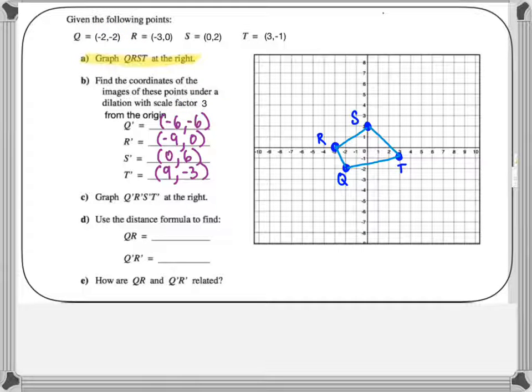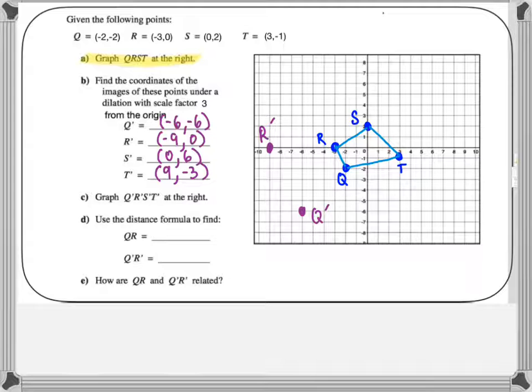So our next step is that it wants us to graph that. So let's do that. I got a -6, which is going to give me right here. And I got a -9, 0. Okay, and I'm forgetting my labels, which is bad. Shouldn't do that. And let's see, R prime.